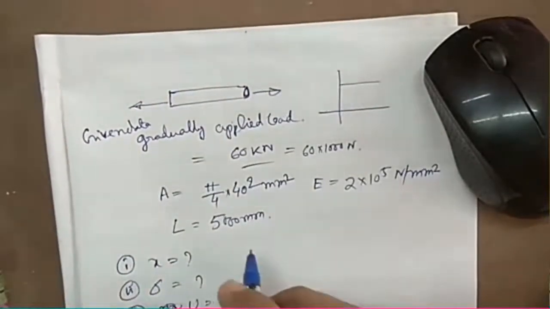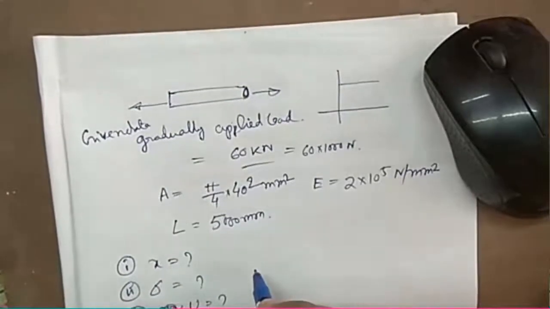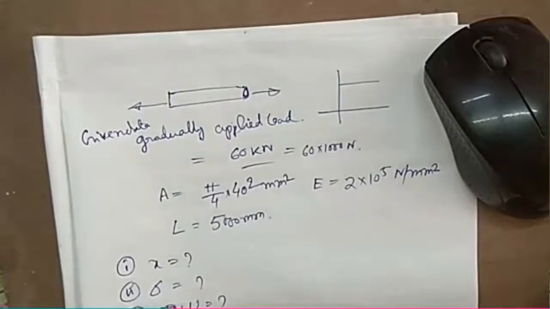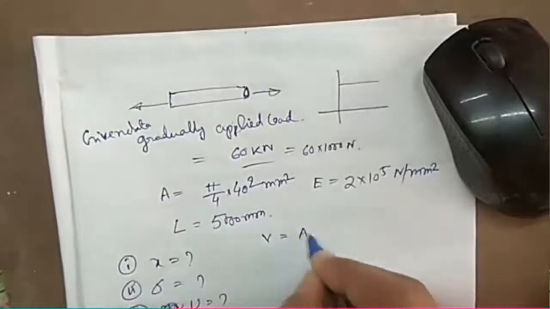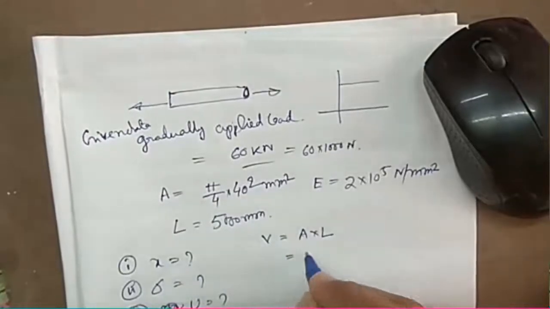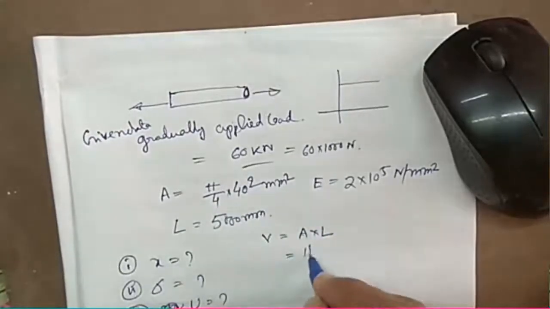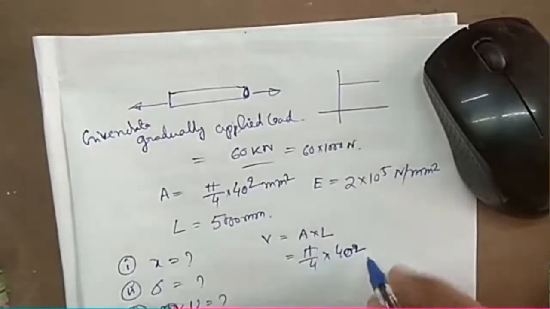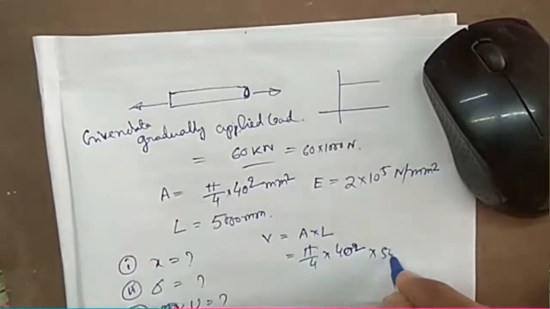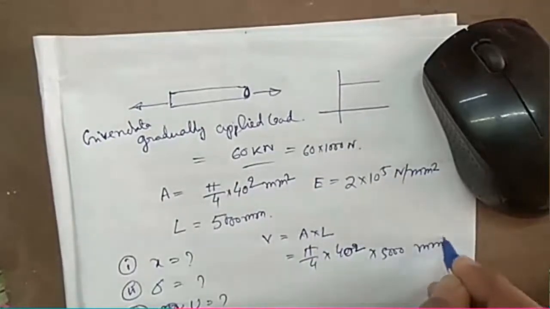so before we start, we know U equal to sigma square by 2E into V. We need volume, so from here we can find out volume, A into L, which will be pi by 4 into 40 square into 5000 mm cube.